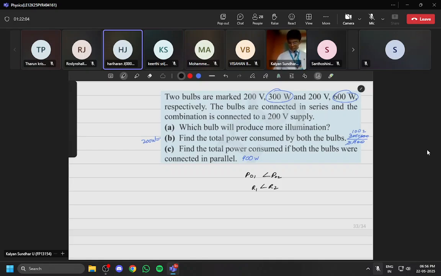If R2 is greater, when resistance increases the power should be less, so P02 should be less, sir. Okay, okay. So for P01, R1 will be greater than R2, correct? Now the resistance will be greater for R1. It is I square R, correct, sir. Power P1 will be directly proportional to R1. So P1 will be greater than P2. Correct.